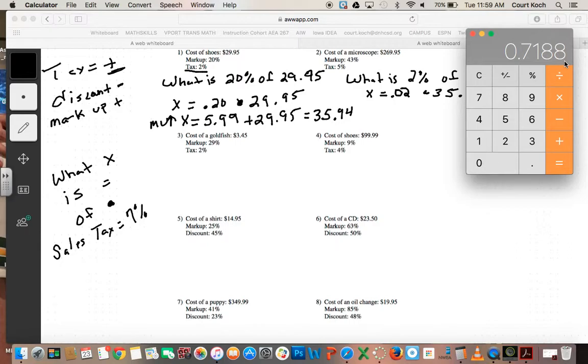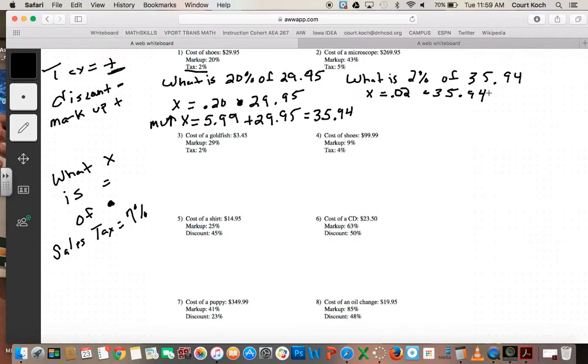I have to make it make sense as dollars and cents. Well, I'm not going to add a full dollar to it, but I have at least 71 cents, so I'm going to round to the nearest cent, which is to the nearest hundredth. So I look back. 8 is a power-up number. That tells me that this 1 has to become a 2. And so there's 72 cents of tax that needs to be added to this, which is the sales price plus the 72 cents.